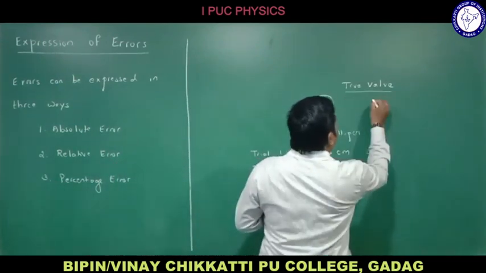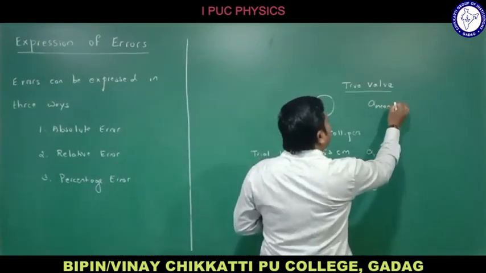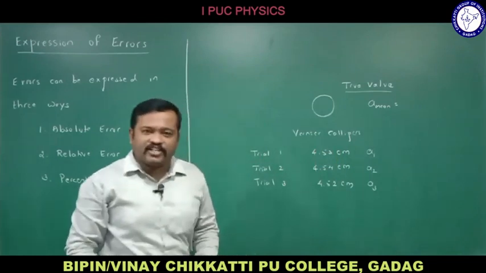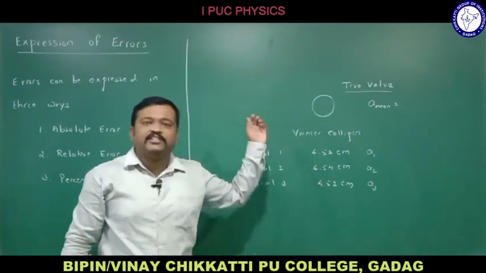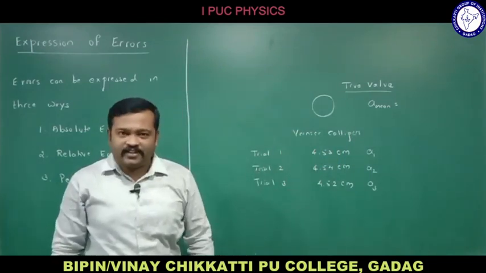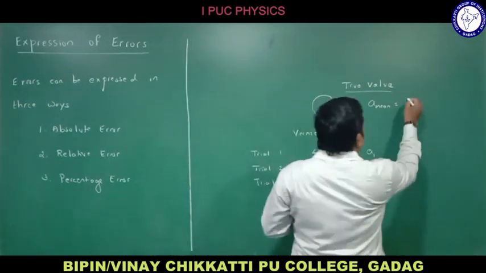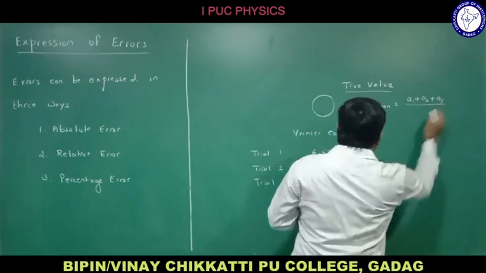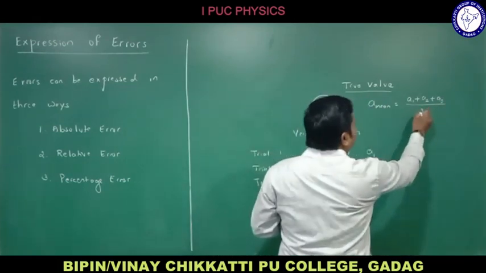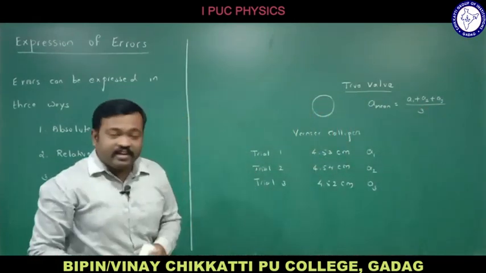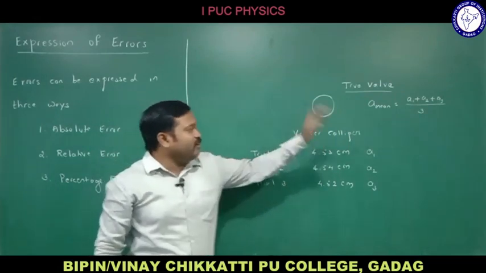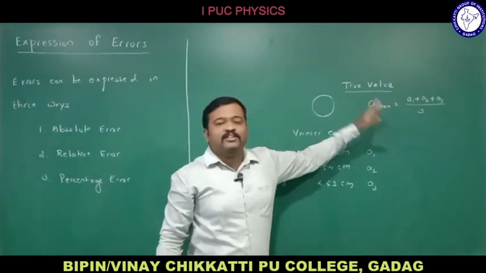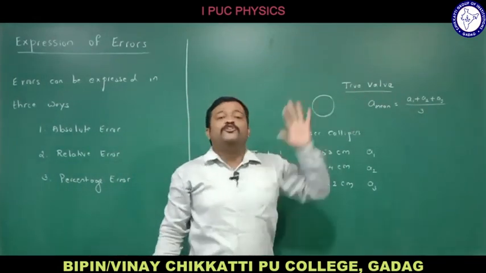The true value is A mean, that is A average. How to take the average? Add the quantities and divide by the number of quantities. It is the ratio of the sum of the quantities, that is A1 plus A2 plus A3, divided by the number of quantities, which is 3. If I add these three and divide by 3, I get A mean. So A mean itself is the true value.